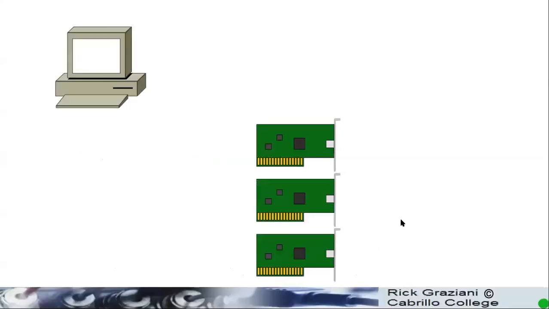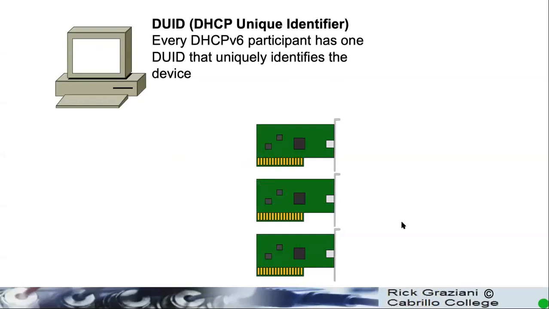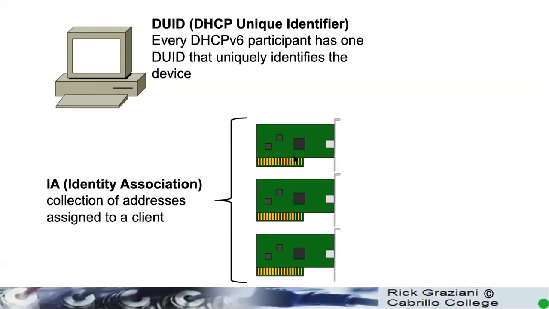Okay, and just kind of a little review here. We talked a little bit about something called a DUID. We'll look at this more in stateful DHCPv6, but every DHCPv6 participant has one DUID that uniquely identifies that device. For each of its interfaces, it will have an IA, identity association.